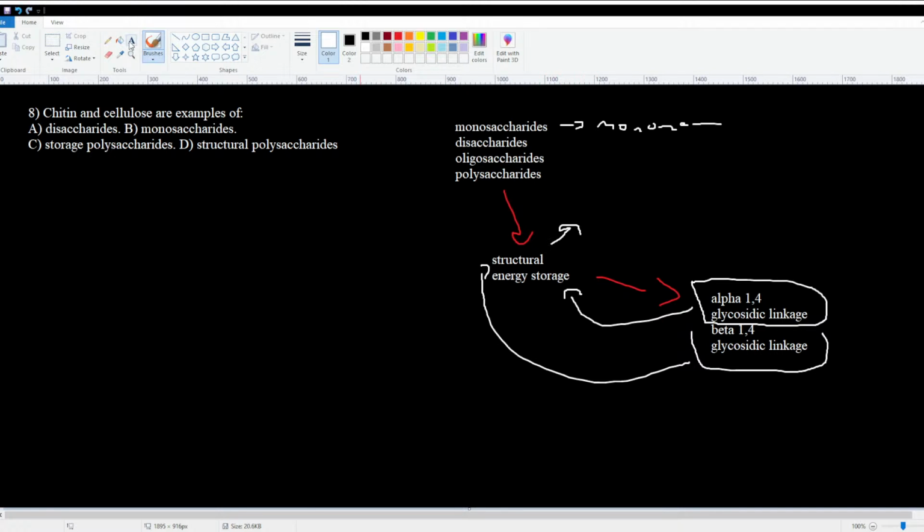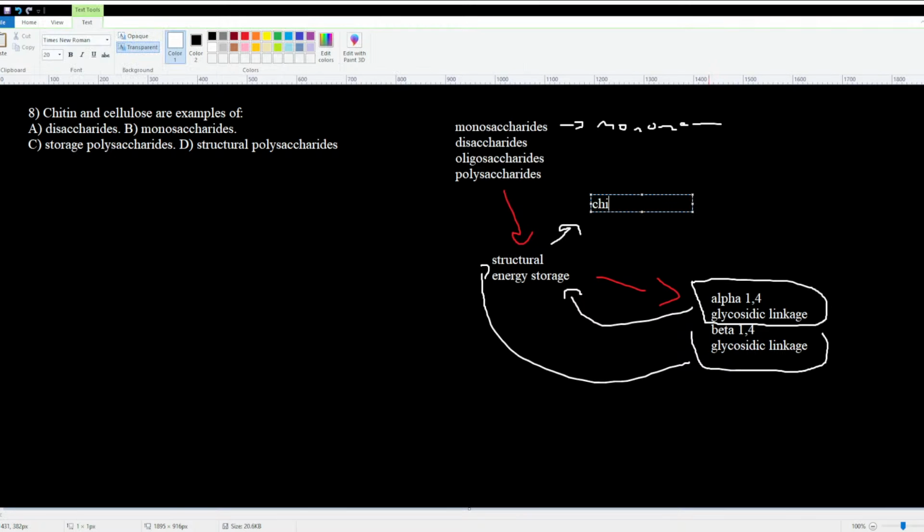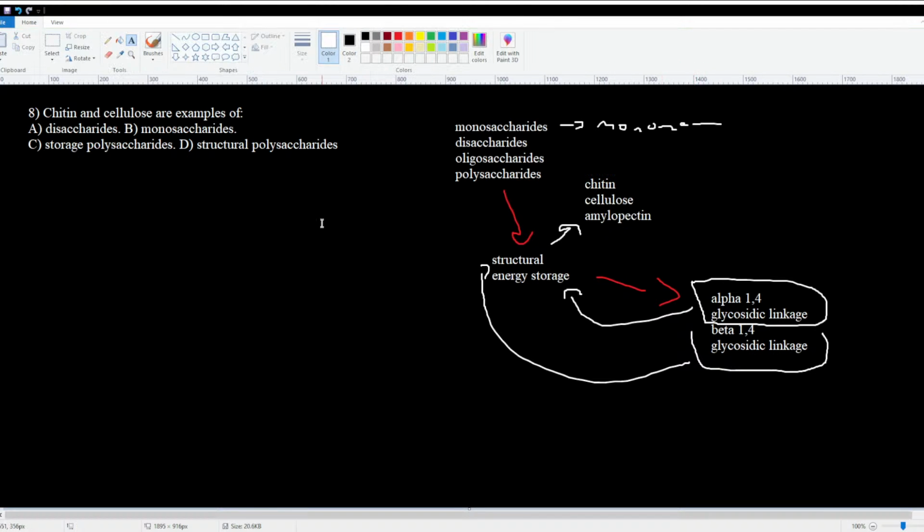So structural sugars are going to include things like chitin, cellulose, amylopectin, I think. How do you spell that? Amylopectin. All these are structural polysaccharides.